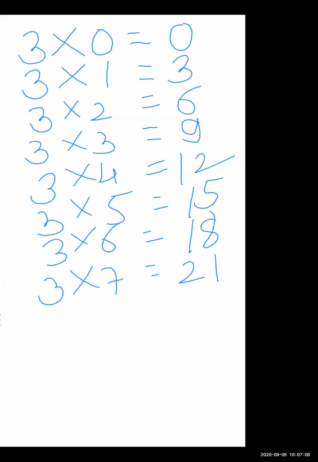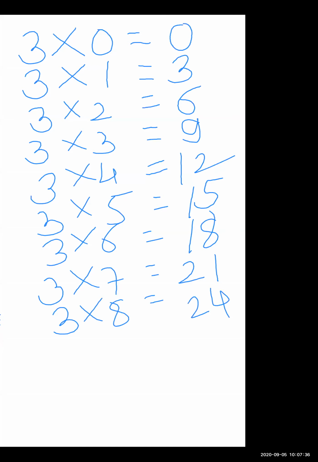And now 3 multiplied by 8, that means 3 8 times. After adding 3 8 times, you will get the answer 24. 3 8s are 24.